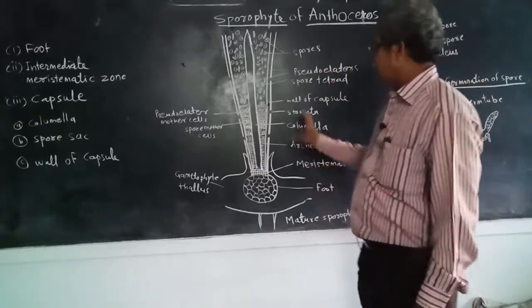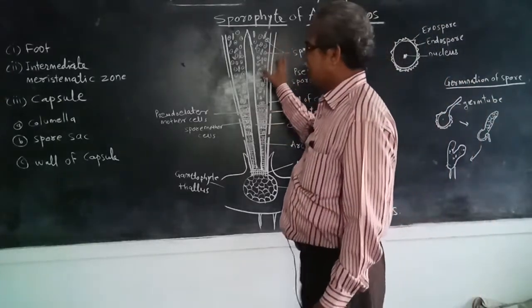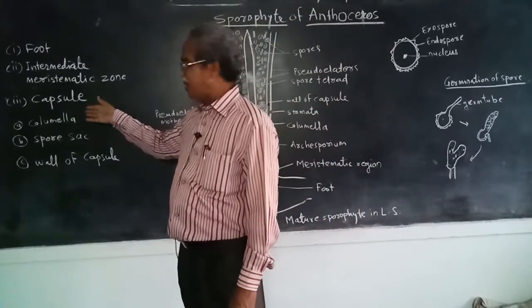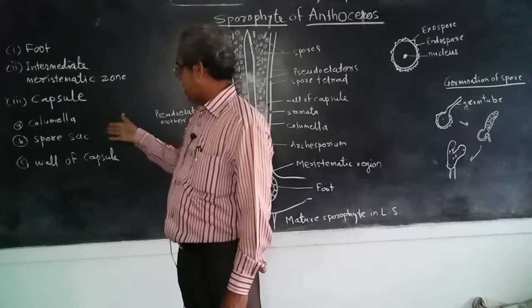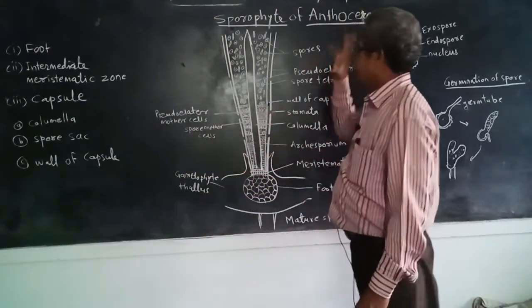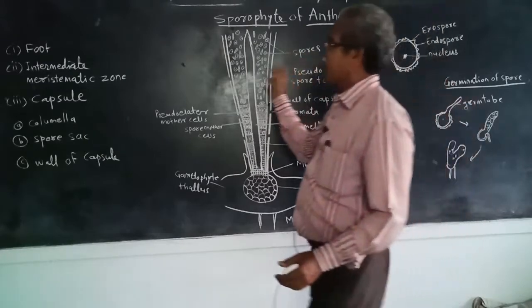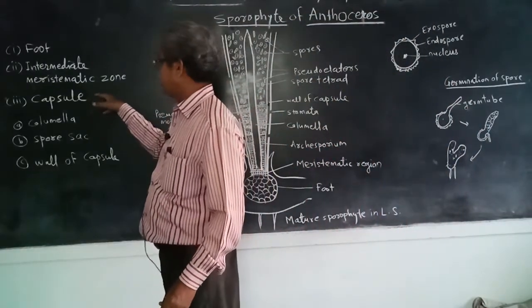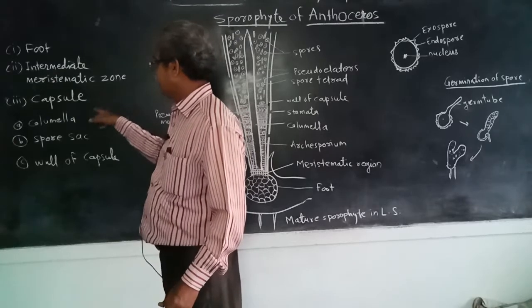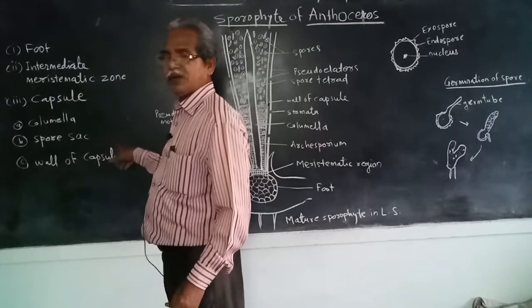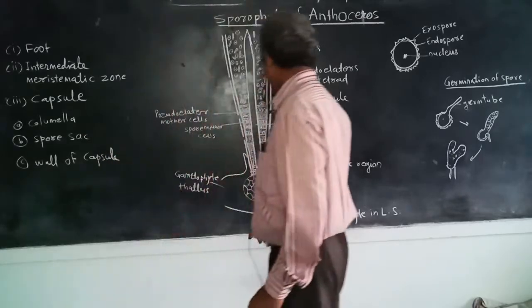Then the capsule again consists of three parts: central columella, spore sac, and wall of the capsule.